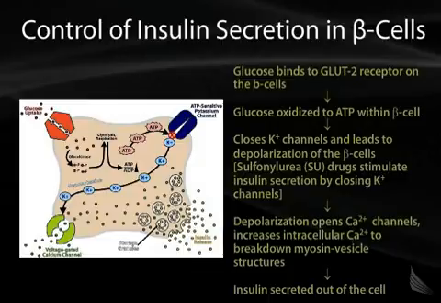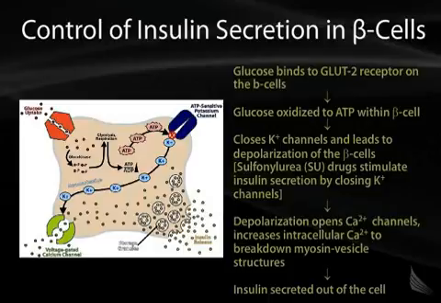The closure of the potassium channel then depolarizes the cell, which opens the voltage-gated calcium channel, and calcium comes inside the cell, degranulates the insulin granules, and insulin is subsequently released. The release of the insulin then allows for the glucose to be decreased, as we'll see in the subsequent slide.